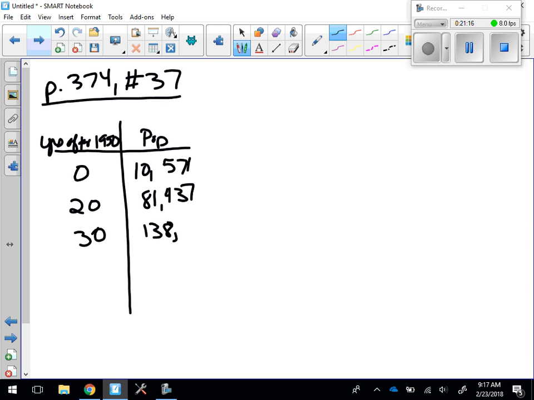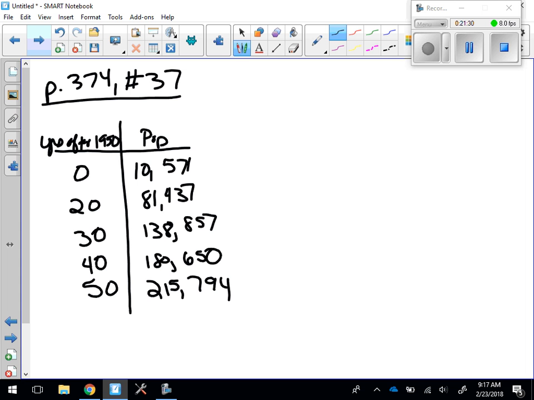What about part A? Okay, so let's just start with part A. You don't necessarily have to copy down the table. I just like to point.